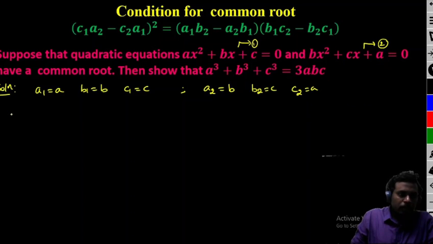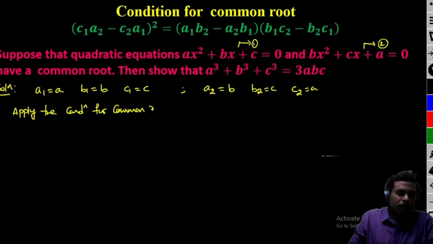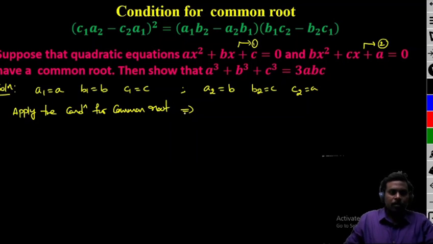Now apply the condition for common root. If I apply that, the left side is c1 into a2 minus c2 into a1, that is c into b minus a into a. So this is my LHS.